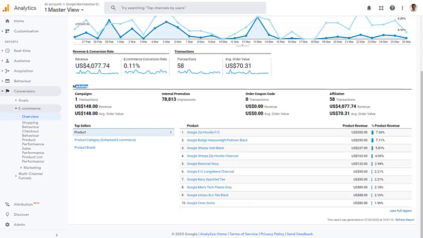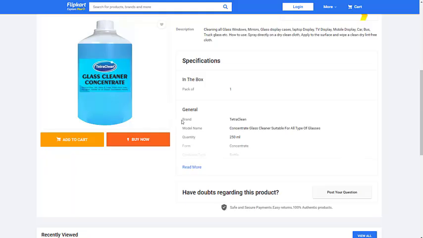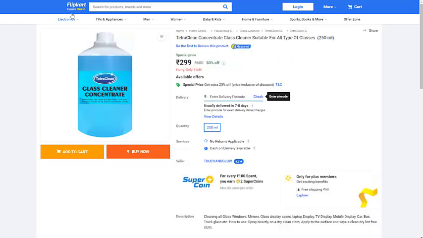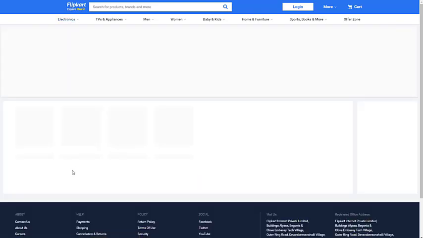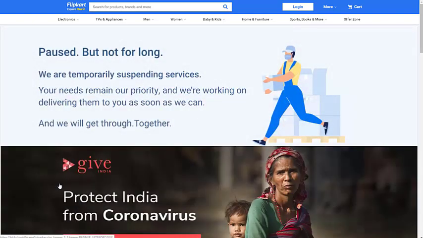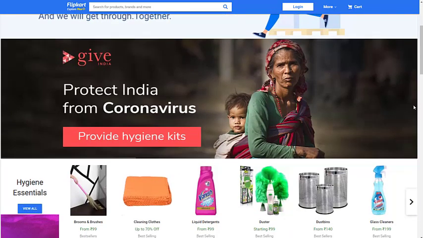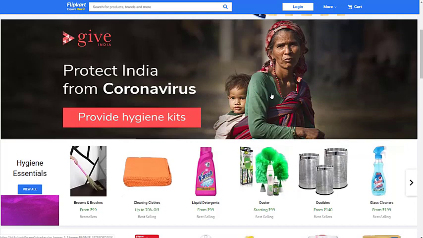Good. Now, internal promotion. If you look at Flipkart, unfortunately we won't be able to see the banners. But if you remember what Flipkart typically looked like, they had a revolving banner on the top. Then they had a few banners promoting their sale or their products. Right now they have "Protect India from coronavirus, provide hygiene kit."